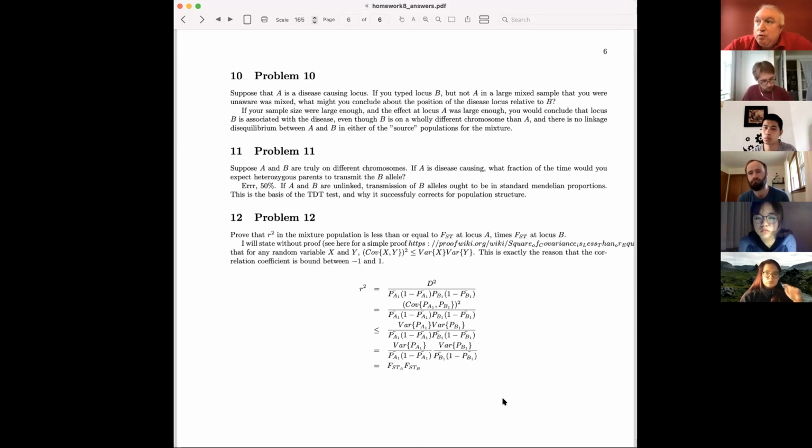And real organisms always have a bit of substructure. There is no organism on the planet that freely mates equally with every other organism around the planet. Maybe some lekking bird does, I don't know, maybe.